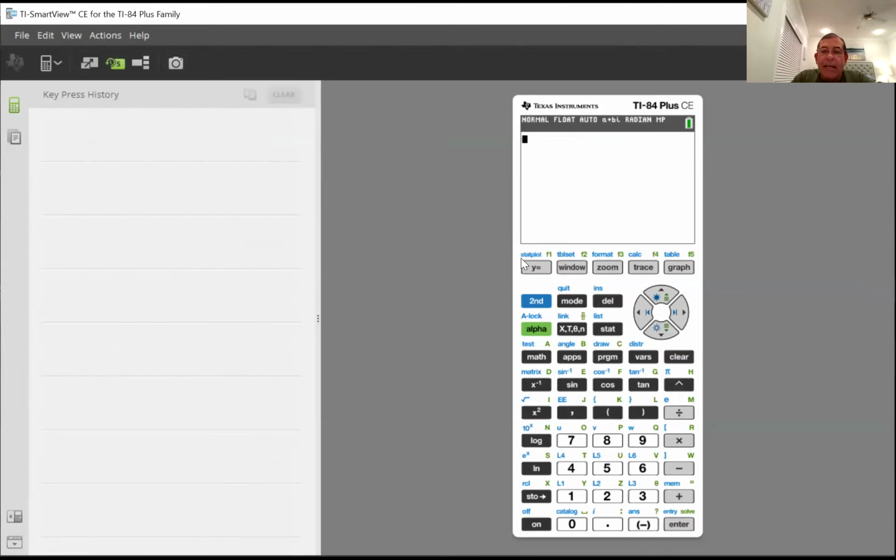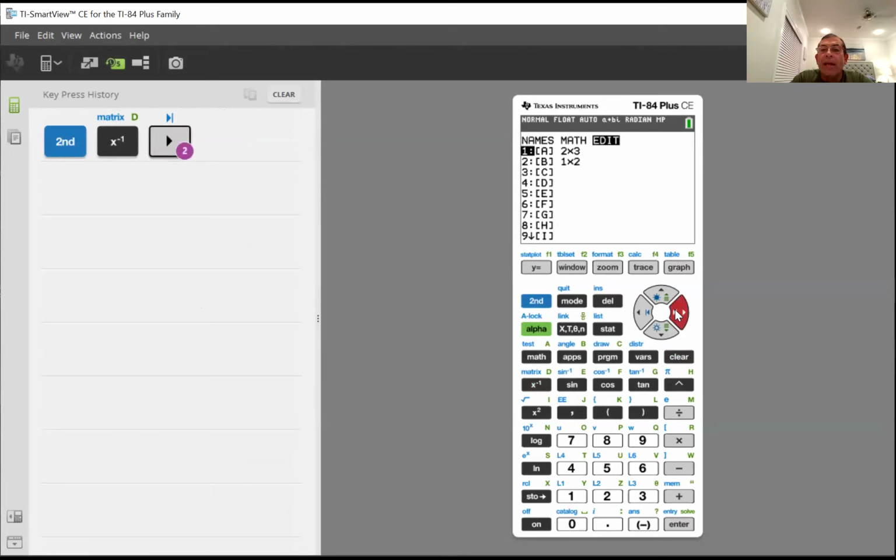All right, so second, x negative 1 to get to the matrix. And I'm just going to edit the first one every time. I usually use A. So I'm going to go to edit and hit enter. So it's already got my 2 by 3. So I'm just going to hit enter twice and then get to where I start putting in my numbers. So I had 5x.